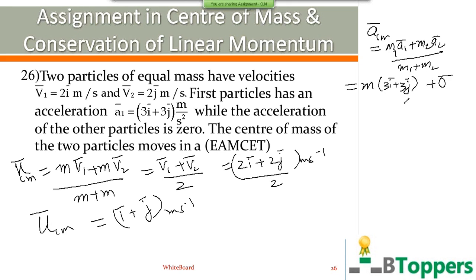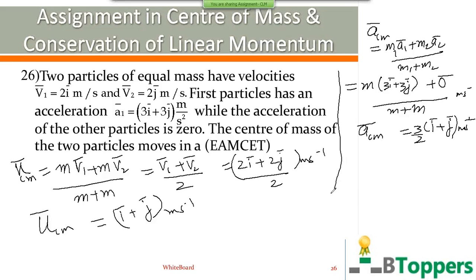Acceleration of the second particle is 0. So therefore, the acceleration of the center of mass of the system of the two particles, you get 3 by 2 into i bar plus j bar meter per second square.